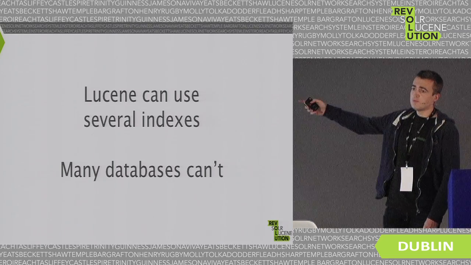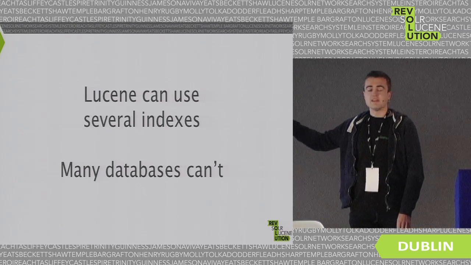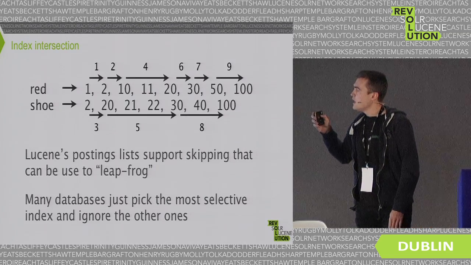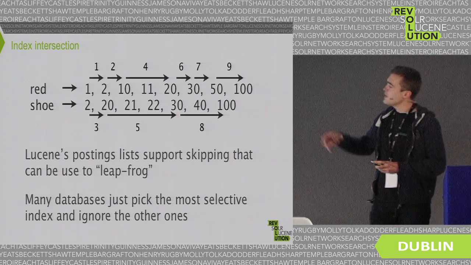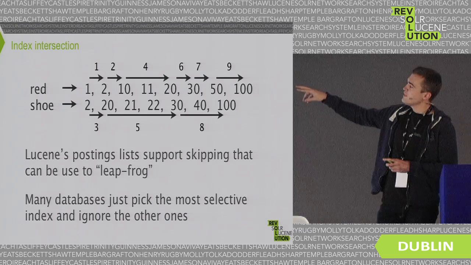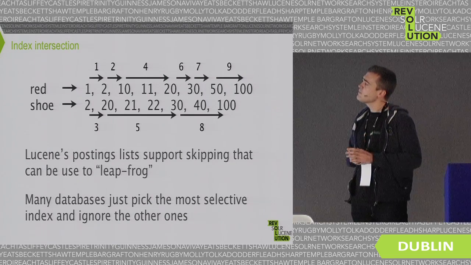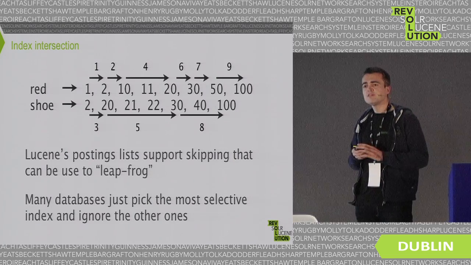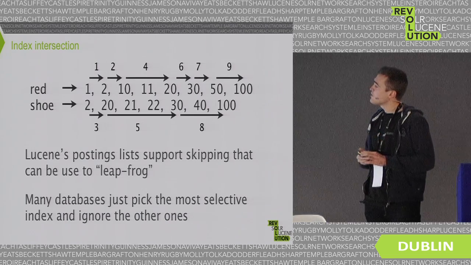So, a very important point I mentioned: Lucene can use several indexes, many databases can't. Why is that? The way Lucene stores posting lists on disk is the following. Here, let's imagine we have two posting lists for red and shoe. If you want to compute the intersection over the two posting lists, Lucene is going to be able to skip over some documents.